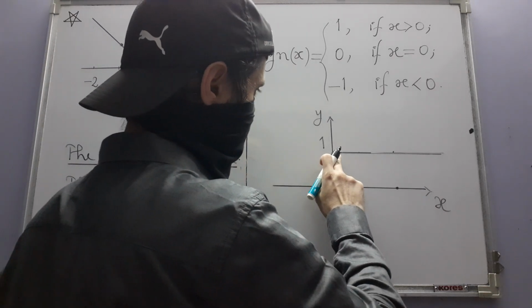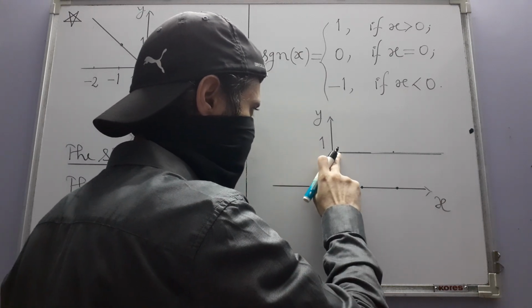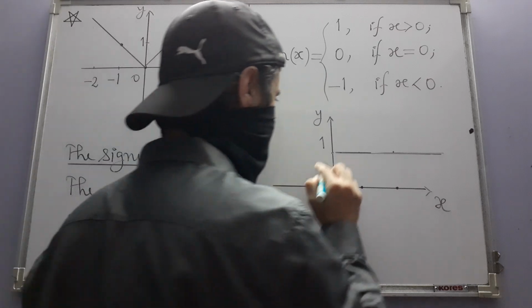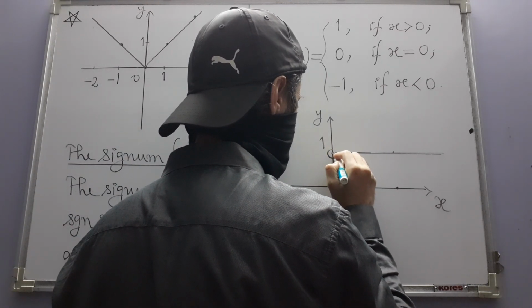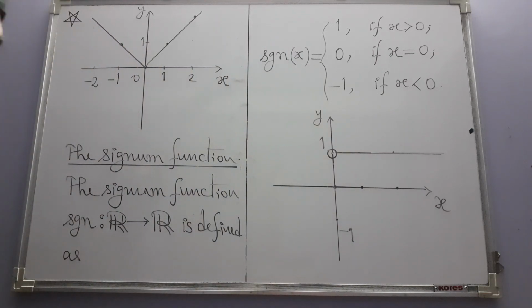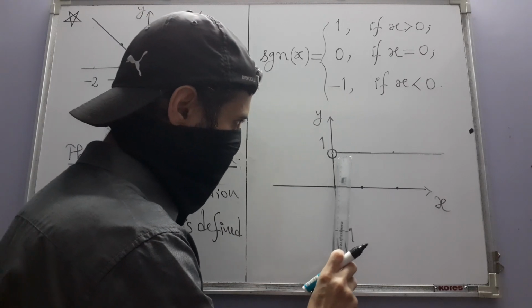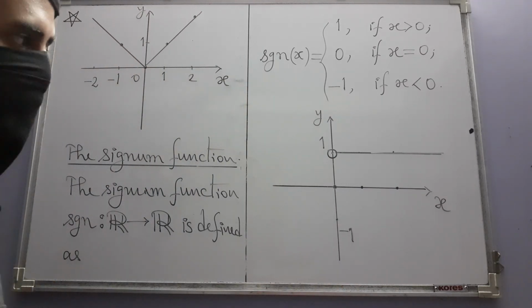Now, how do you show geometrically on paper that this line should not touch the y-axis? This is how. What we do, we draw a small circle around that point. That circle prevents this line from ever coming so close to the y-axis that it touches the y-axis.